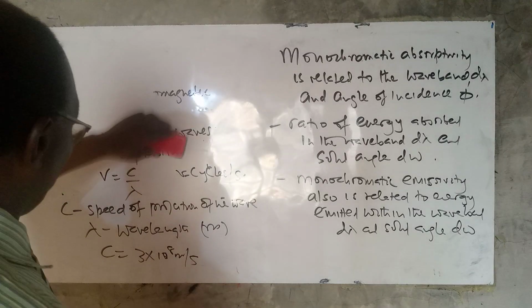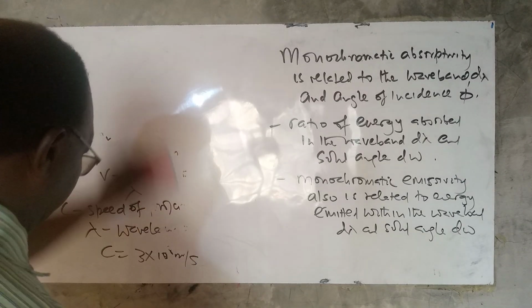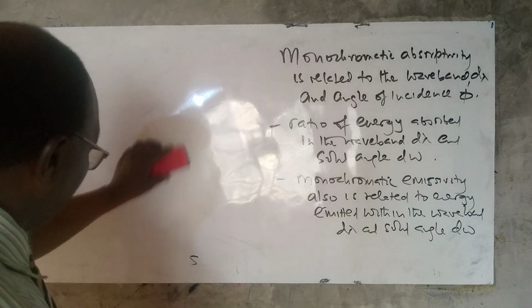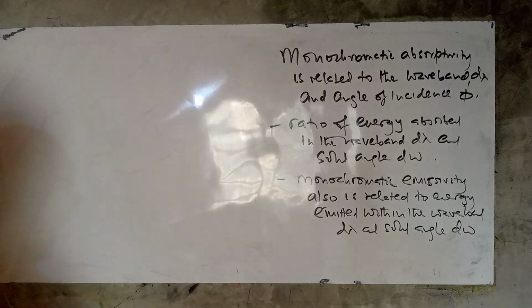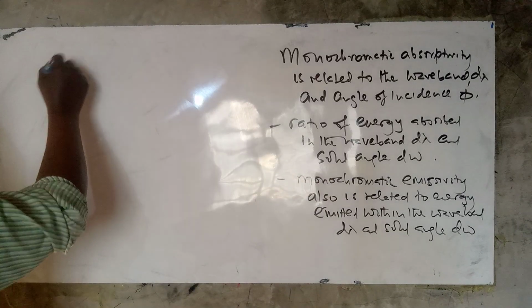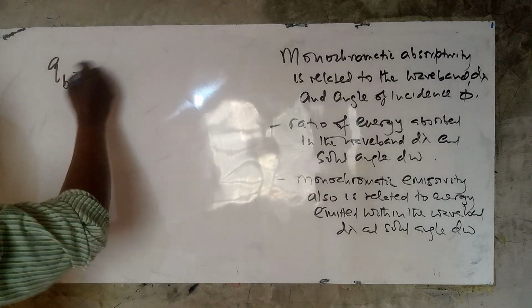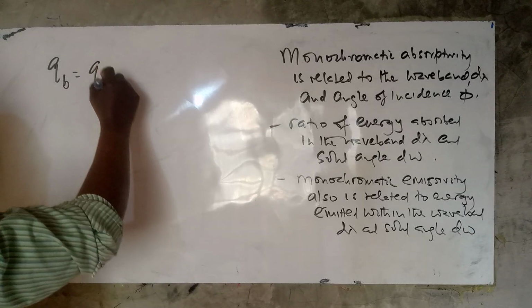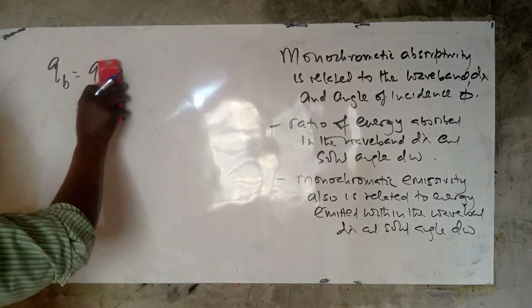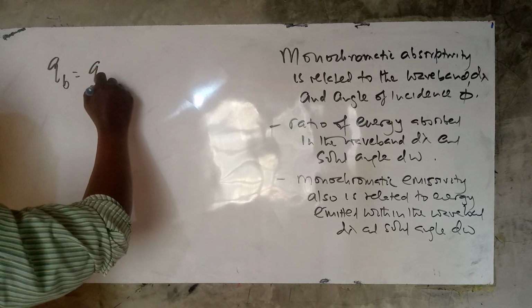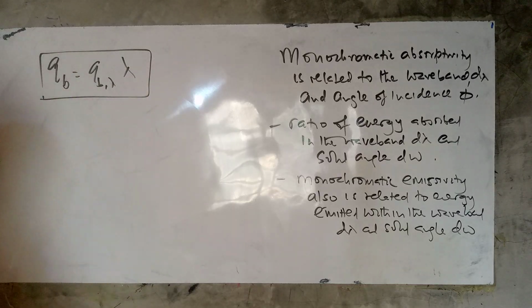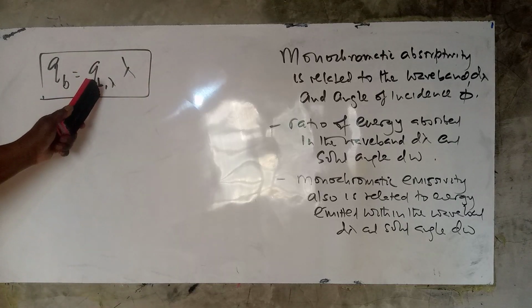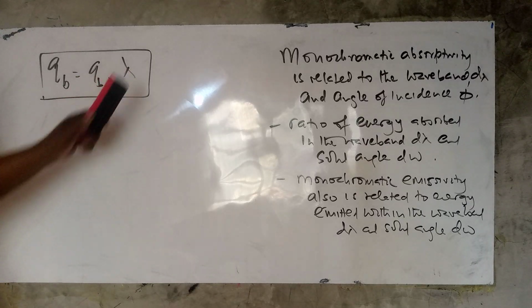Now, in a nutshell, what are we saying? We are saying that that energy is related to Q, black body, at that waveband and wavelength.